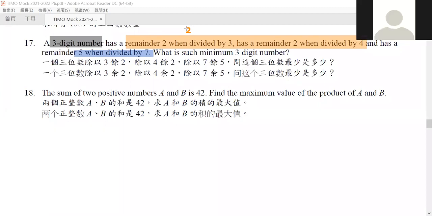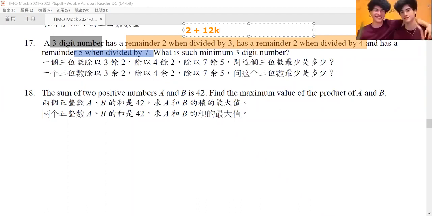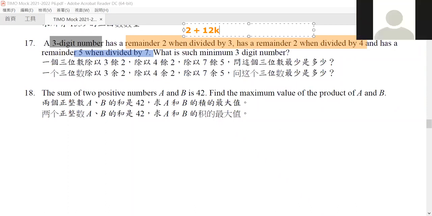But then, not just 2, what are all the other numbers? After this, it will be 2 plus a multiple of 12, right? Because if we add a multiple of 12 to 2, it will still have a remainder of 2. So it can be 2, 14, 26, 38, and so on.